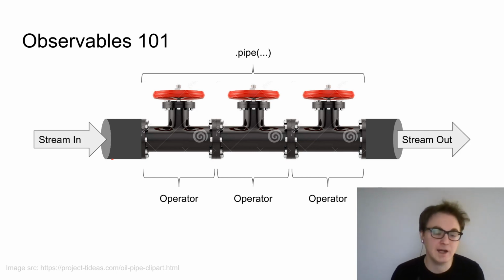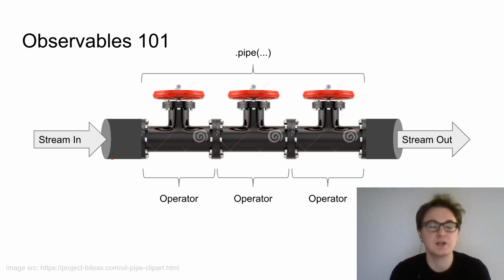But if you want to add operators, you can, as we've seen, using the pipe method on the observable. And then each operator can modify or act on the stream of objects that come through. And then after the pipeline, the pipe method actually returns a new observable. So you have an overall observable that has values that come out the end of it.